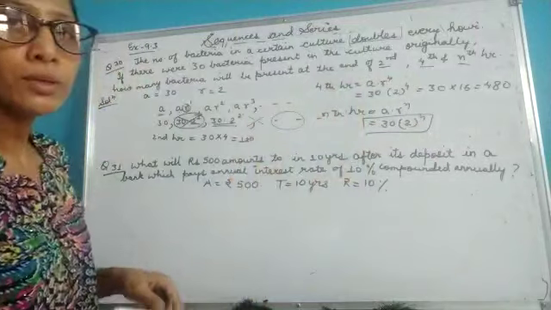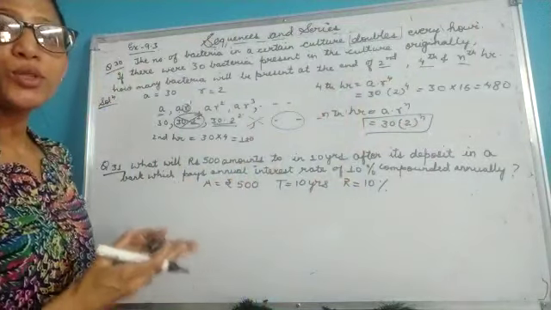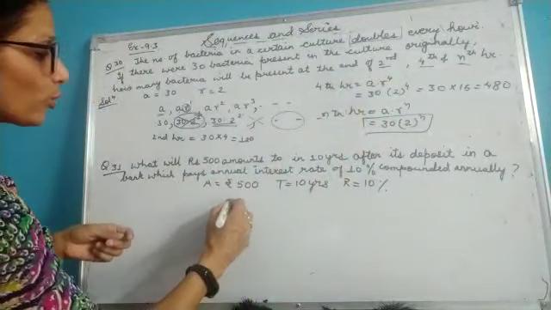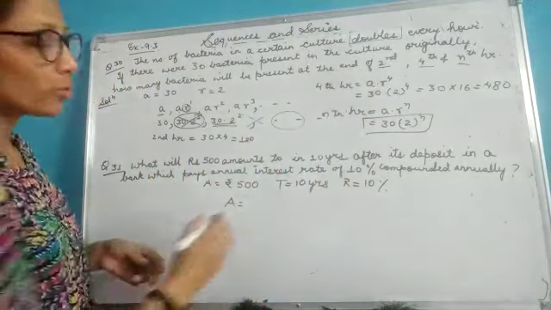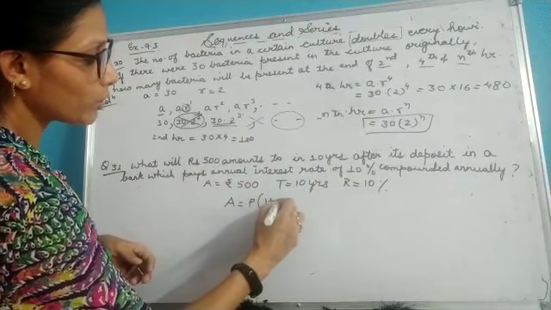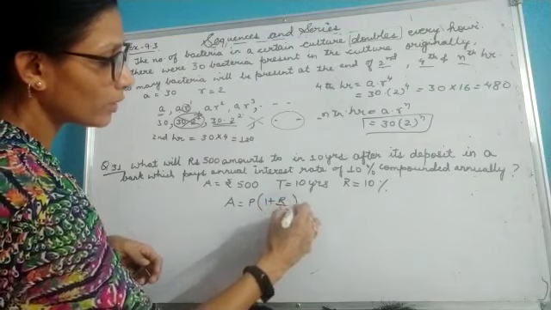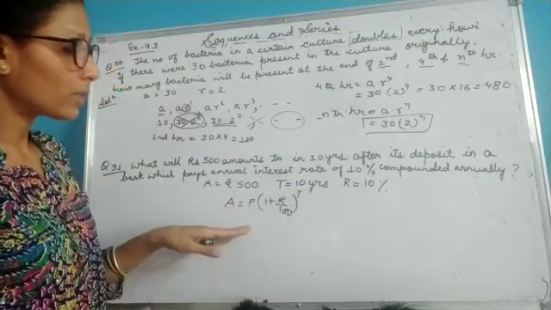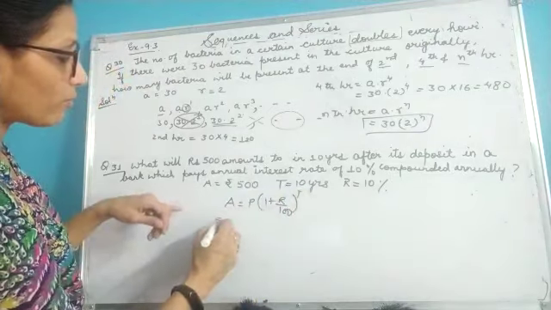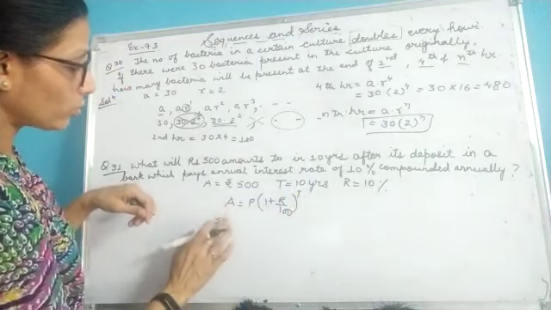Compounded annually means you need to find out your compound interest. So you know your amount is equal to principal into 1 plus r by 100 raised to power t, which you have read in lower classes. You need to calculate your amount.